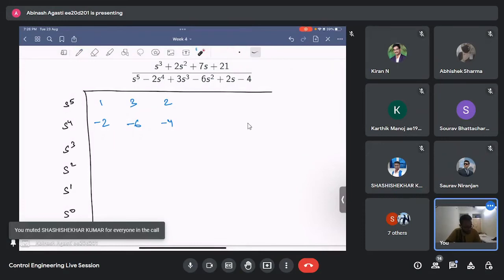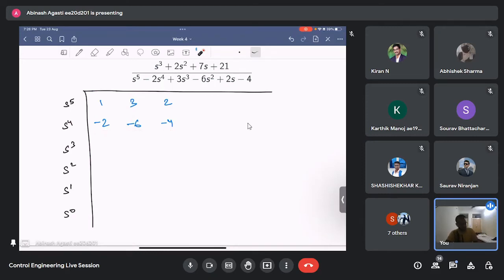so yeah. Now if you see some row like this, where you have some -2, -6, -4, you see clearly that there is a common factor 2 in all of this, right? I can divide each of these by 2. So when I do that, effectively the computations of the Routh array won't change. Why?